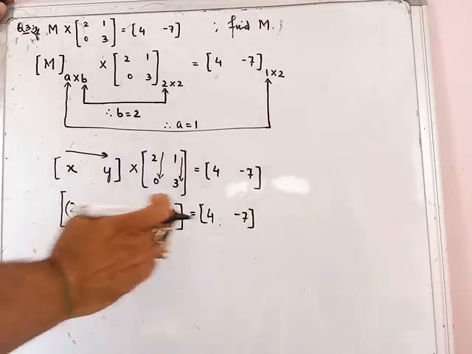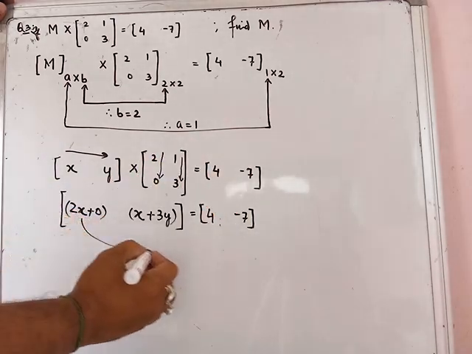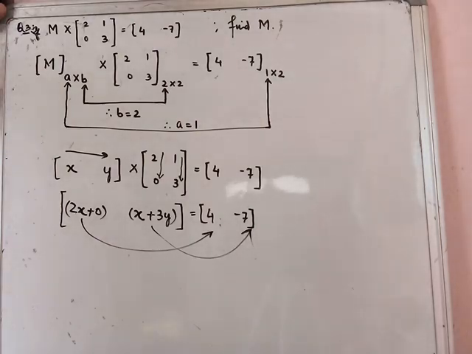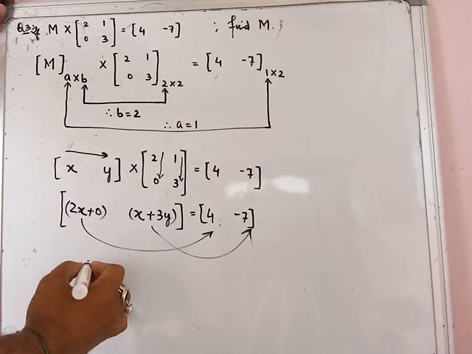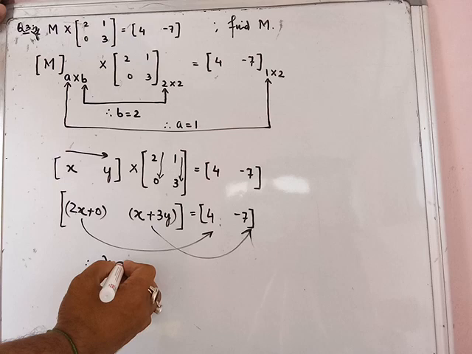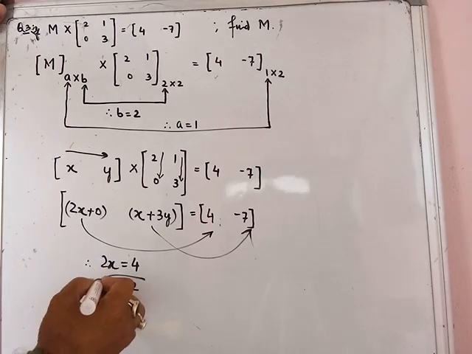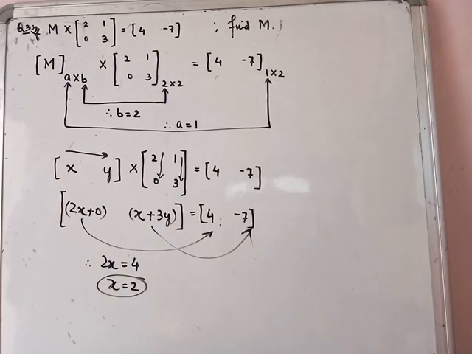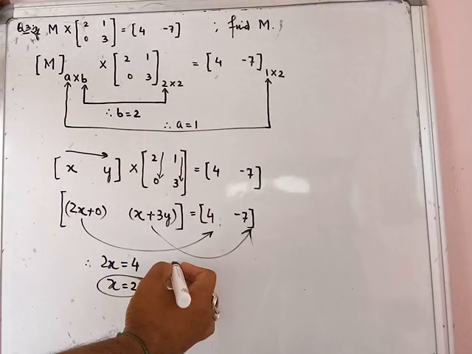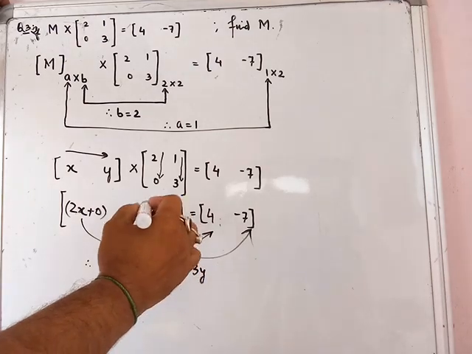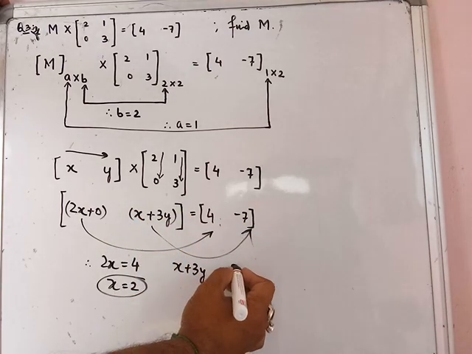Obviously now these are 2 equal matrices, so their individual corresponding entries will be the same. Therefore we can write 2x is equal to 4, which gives us an x value of 2. Clear? Similarly, we can write x plus 3y, this entry, equal to minus 7.